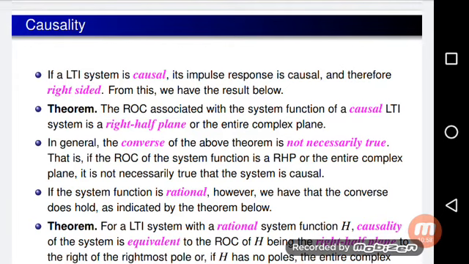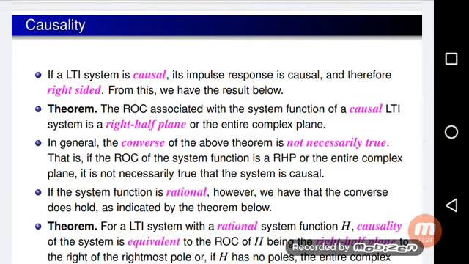That is, if the ROC of the system function is a right half plane or the entire complex plane, it is not necessarily true that the system is causal.